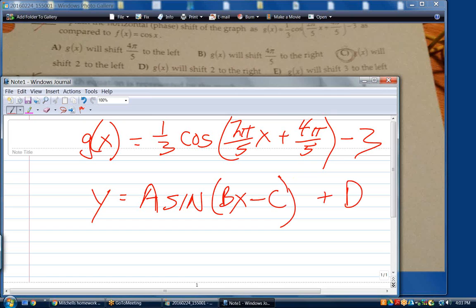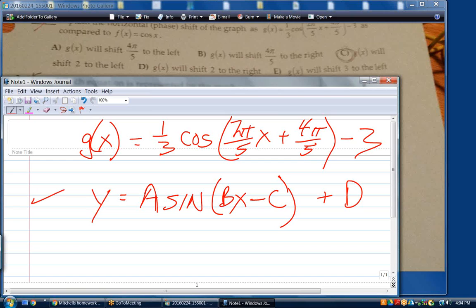Correct. And it's called a sinusoid function, even though cosine works just fine. You don't have to have sine there. Sine or cosine. And the reason I asked you for that was because there are other formats for that. There's another format where the b is outside the parentheses.